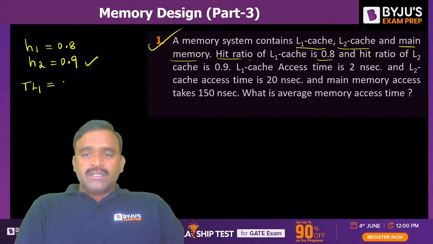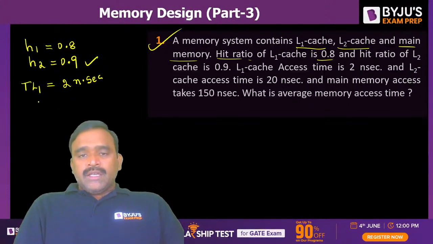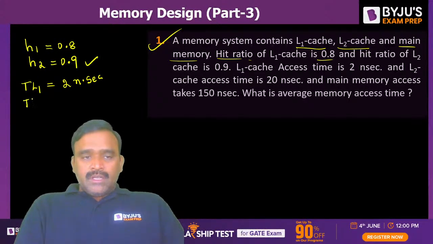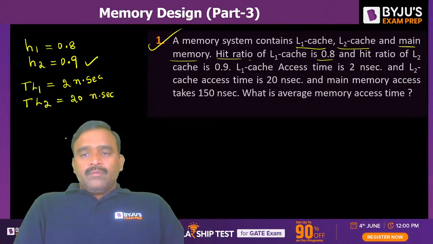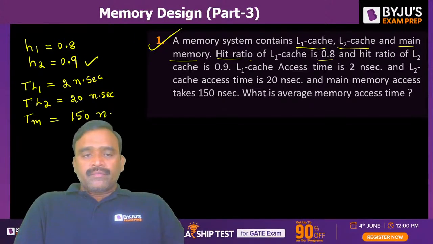It is a very small time. L2 cache access time is 20 nanoseconds, so TL2 is equal to 20 nanoseconds. And main memory access time is 150 nanoseconds, so TM is the main memory access time, 150 nanoseconds.